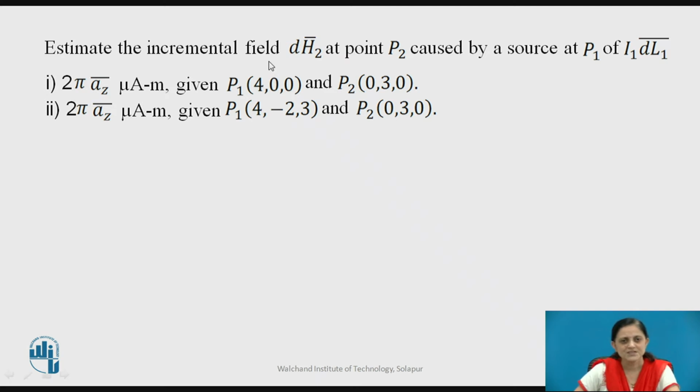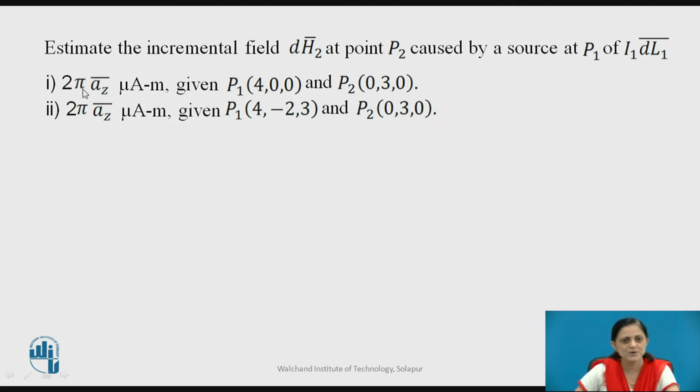The given problem is: estimate the incremental field dH2 bar at point P2 caused by a source at point P1 of I1 dl1 bar. That means we have to find the incremental field, that is dH2 bar, at the point P2, which is caused by a source at the point P1, given as I1 dl1 bar, that is the differential current filament at the point P1. Two points are given here.